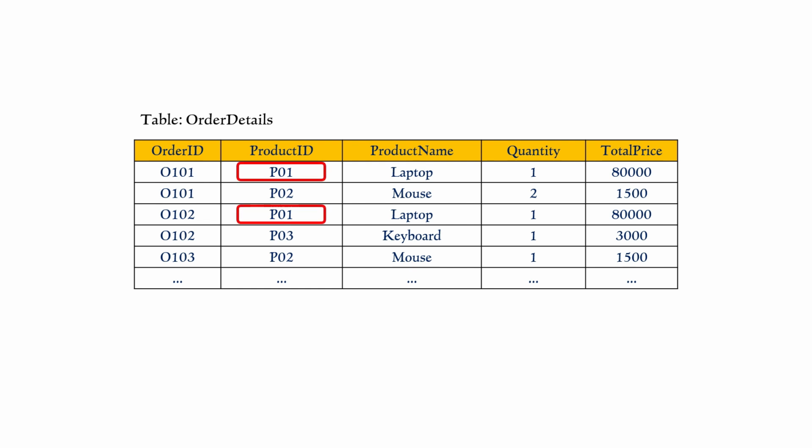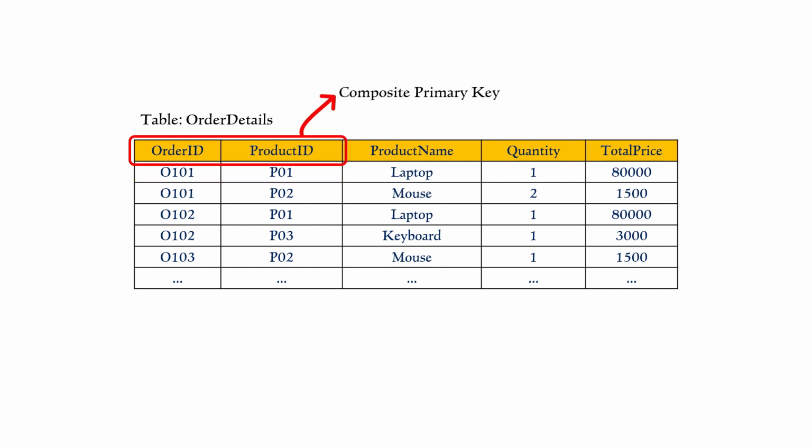And if we use only product ID, it still won't be unique. But when we combine order ID and product ID together, each row becomes unique. In such cases, the combination of those columns together acts as the primary key, and that is what we call a composite key.